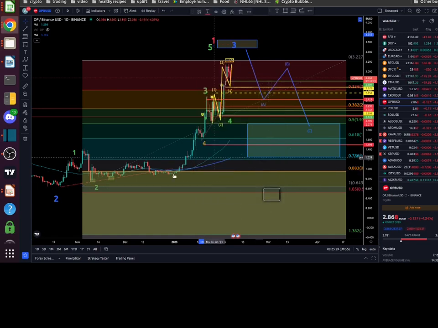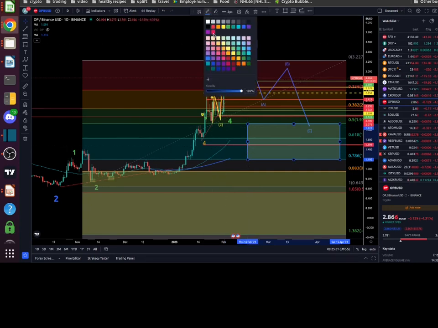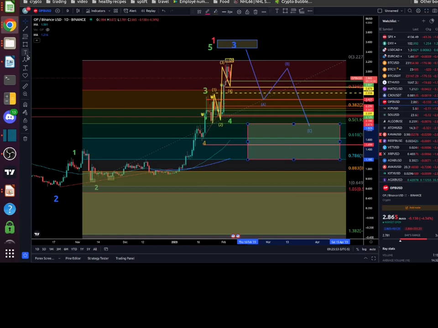And this is a 1. So what would be the ideal retracement? Okay, I already did it, kind of. So it's here. This would be the ideal pullback for the wave 2 in red. So I'm going to put the box in red and label in red.